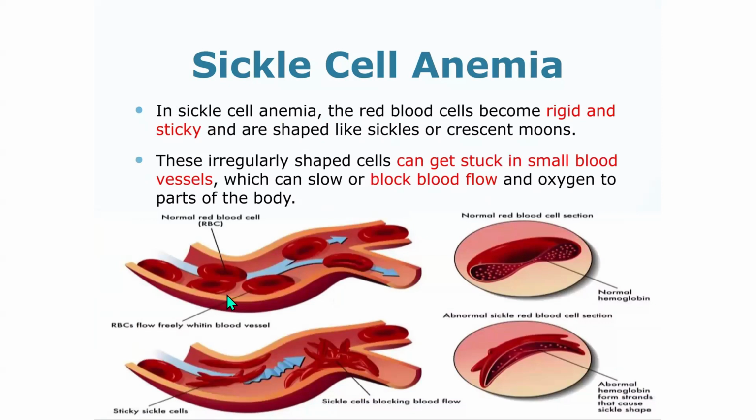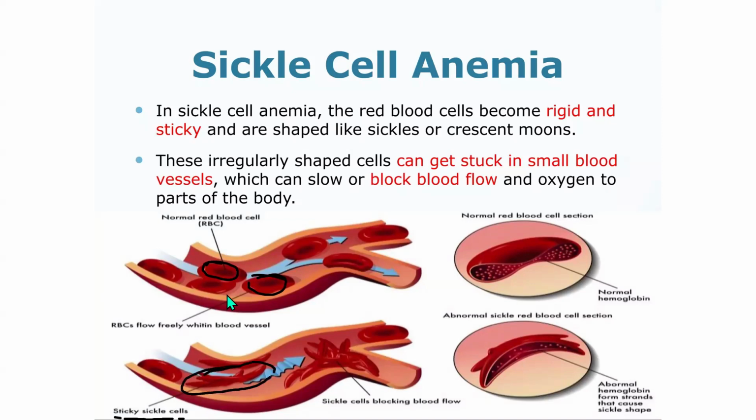This is the typical normal red blood cell. Look at it here. But in the case of sickle cell, you see that it becomes a sticky sickle cell. Look at it here.